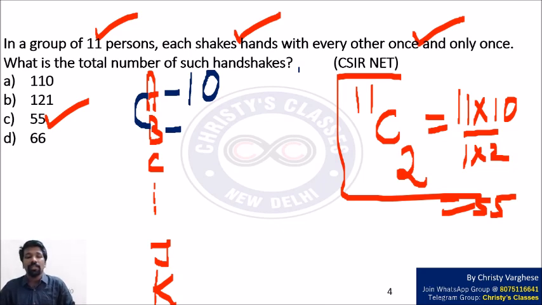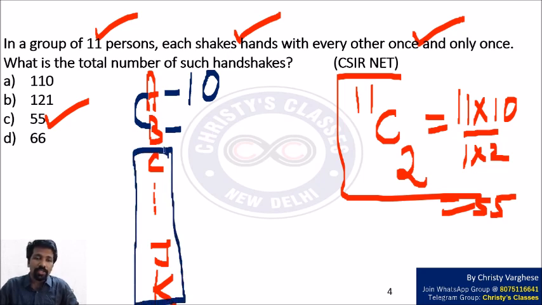So one handshake is enough to complete the A and B pair. That means in the list of B, you cannot add 10. You can add only 9 handshakes to the remaining list, because A and B's handshake is already counted in the 10. So B will handshake only 9 more. Distinct handshakes is what we want.